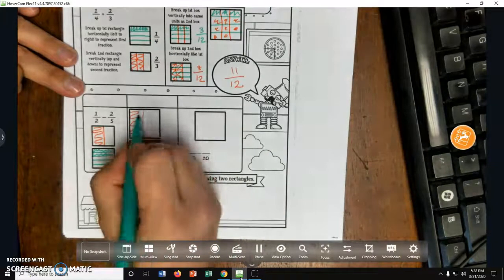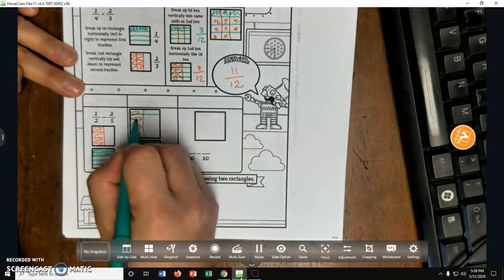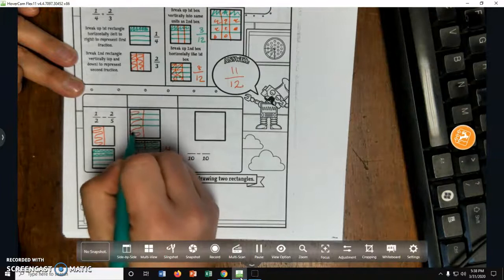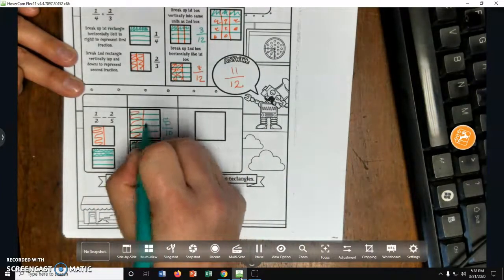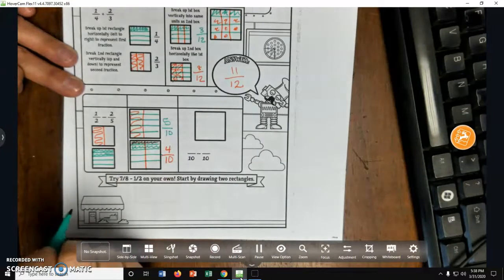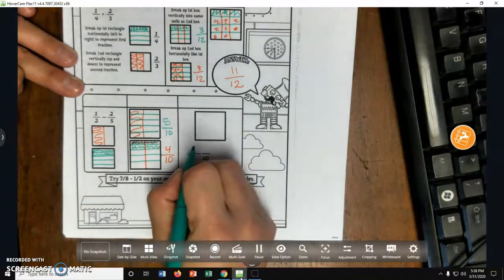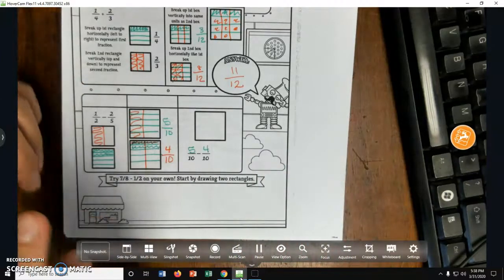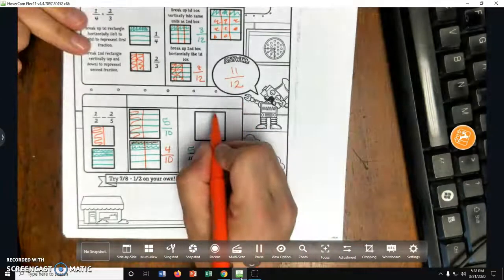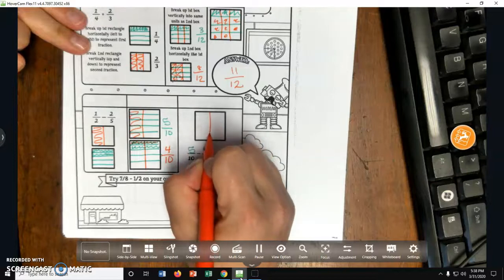Up here I need to make this be tenths. So there's 1, 2, 3, 4, 5, 6, 7, 8, 9, 10. And we know that 5/10 is equivalent to 1/2. Okay? Here we're saying 5/10 minus 4/10. They want you to do the same thing.